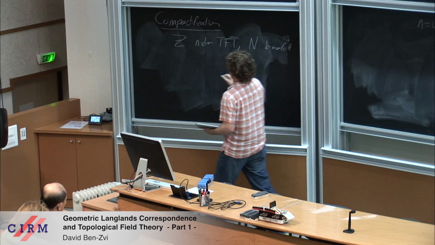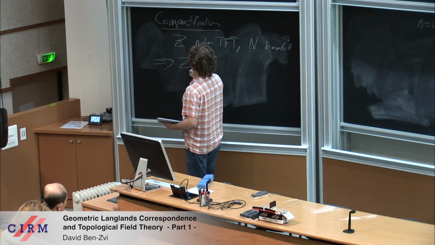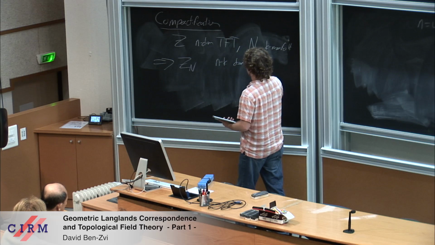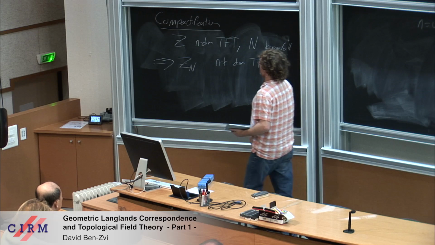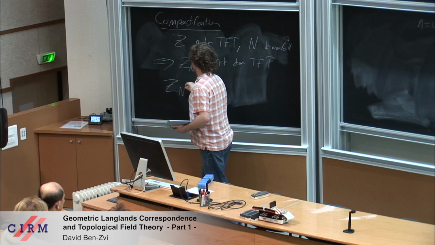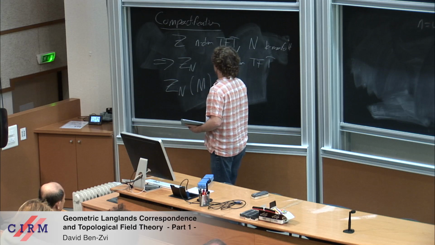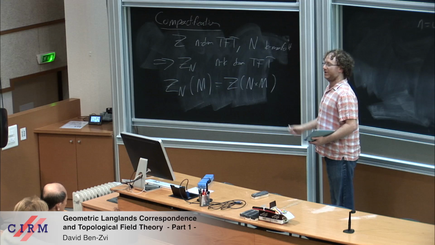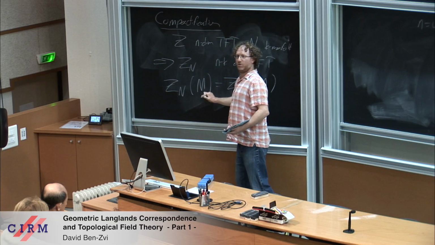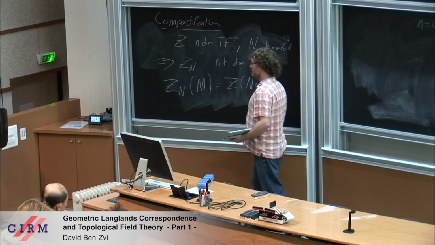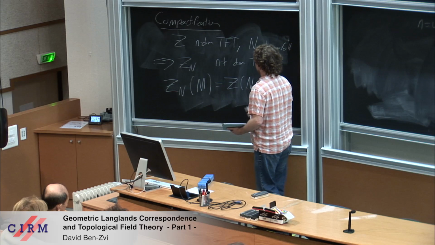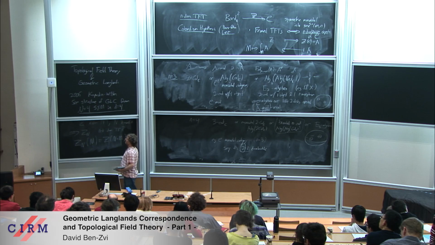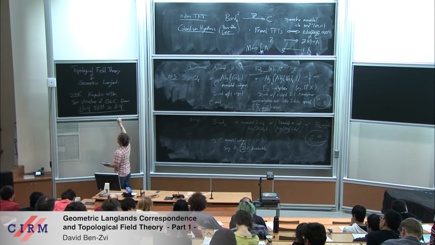Then I can build a new topological field theory that I'll call Z sub N, which is going to be an n minus k dimensional topological field theory. And it's built by this stupid trick that I just define. I only look at manifolds of the form which are products. So I say Z_N of M is Z of N times M. So I just look at the values of the field theory Z on N times lower dimensional manifolds. Okay? So that drops the dimension of the field theory. I'm only allowed to look at manifolds up to dimension n minus k in this trick.